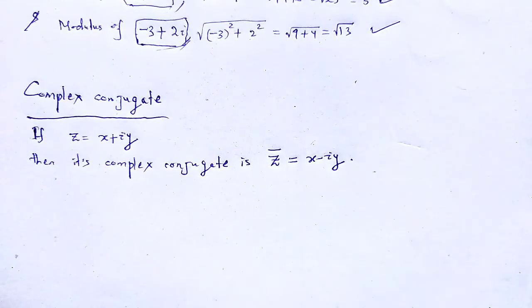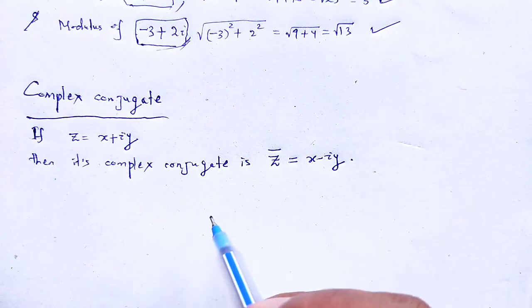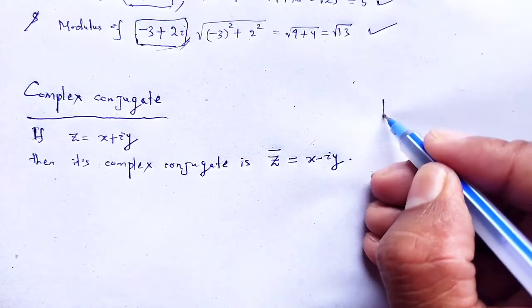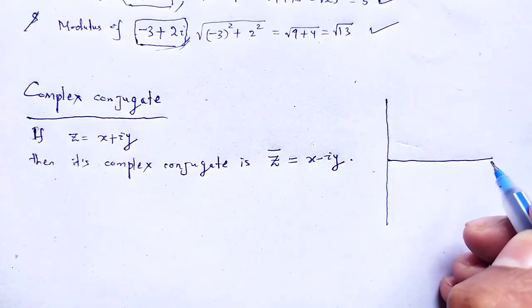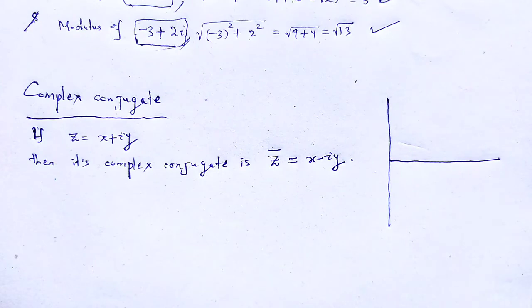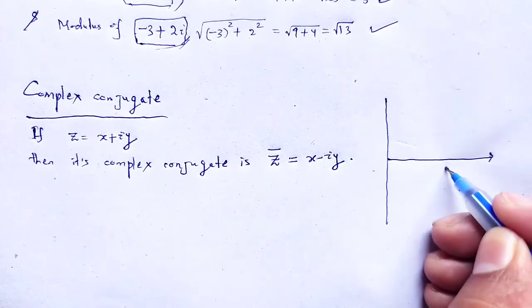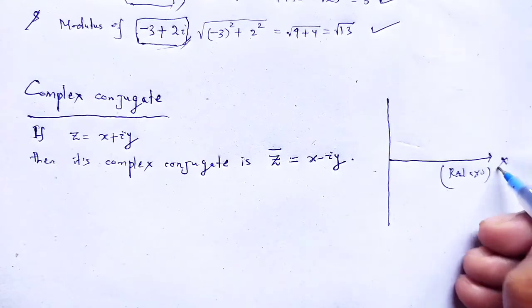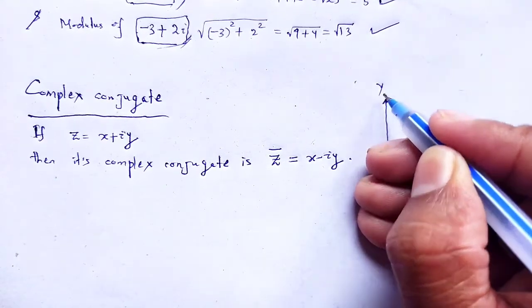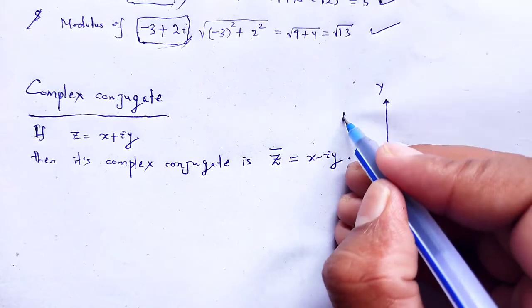Okay. Graphically we can show it. Here is the real axis, and y stands for the imaginary axis.